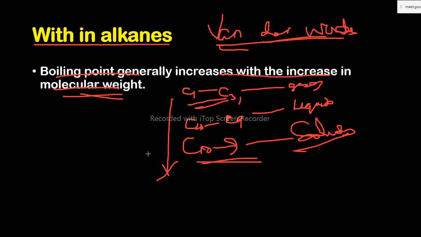What is the logic with molecular mass? You see, if you are just C4, the molecules are generally small. But if the molecular weight increases, maybe to C9 or C20, then the size increases.